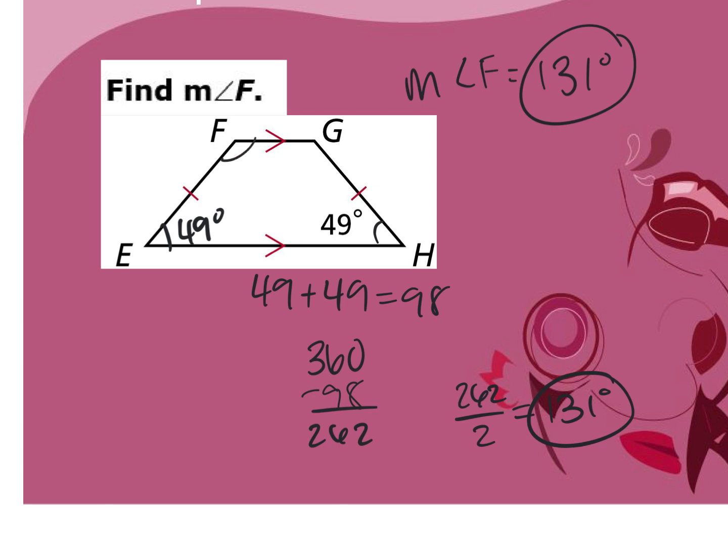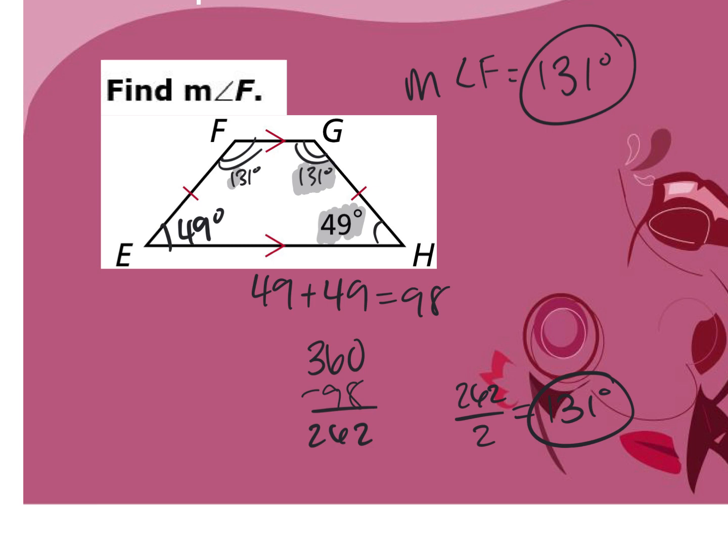All right, Sophia, do you mind saying what you noticed before? If they go across, right? What do you notice about 131 and 49? Part of the same leg. They're supplementary.